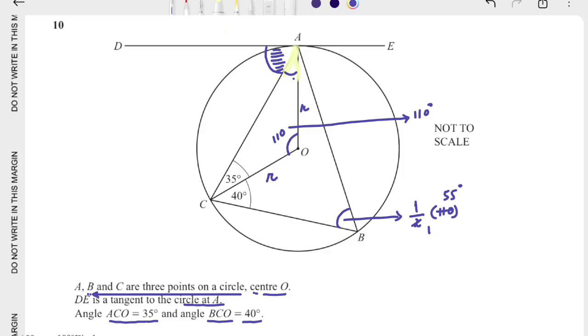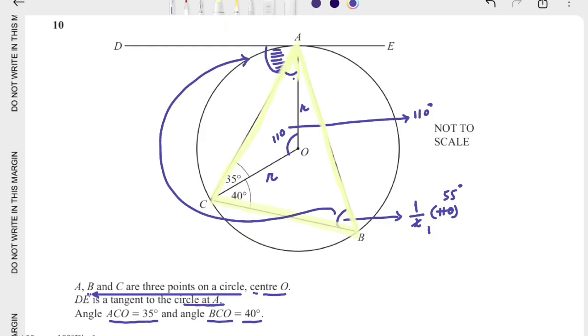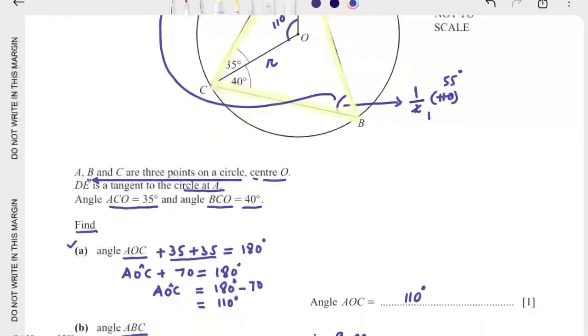Just look into the triangle that is A, C and B. This angle is equal to this angle, as they are angles of alternate segment, so it would also be 55 degrees.